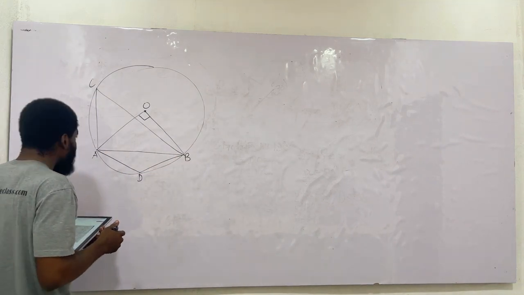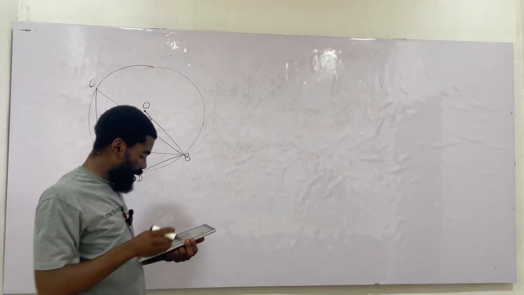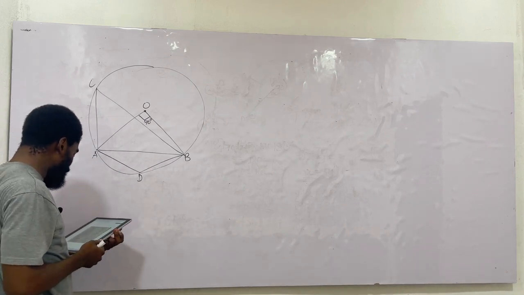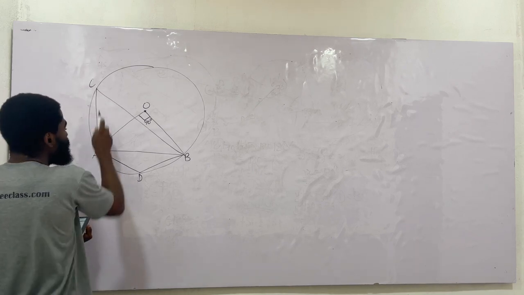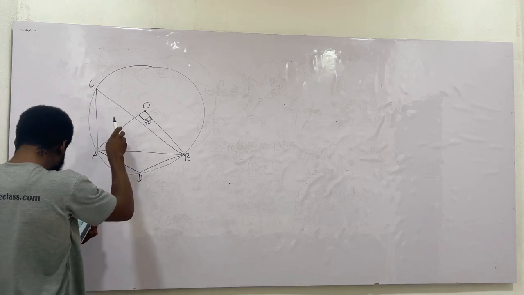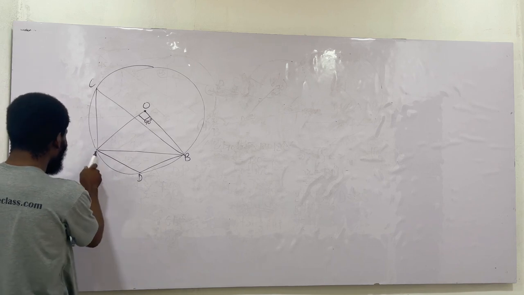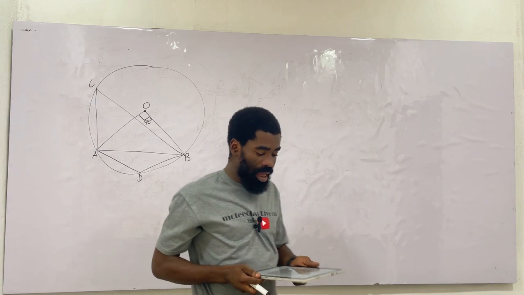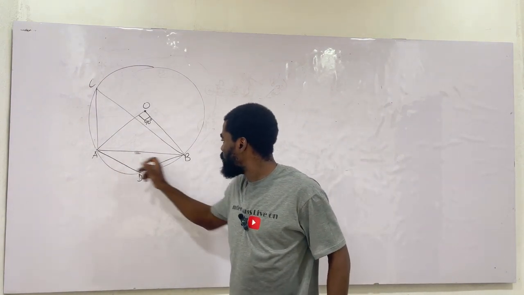Okay, no problem. And they say this is 90 degrees, obviously. Good. So reading, I see AOB is 90. What are the measures of angle ACD and angle ABD?